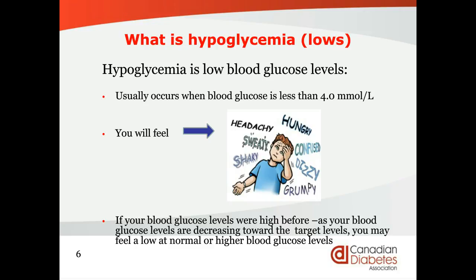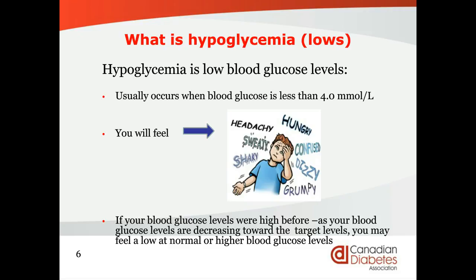I also want to point out that if your blood glucose levels were high, let's say more than 11 or 12, and you start diabetes medications and your blood glucose comes down towards your target, you may feel sweaty and shaky when it gets to 6 or 7.